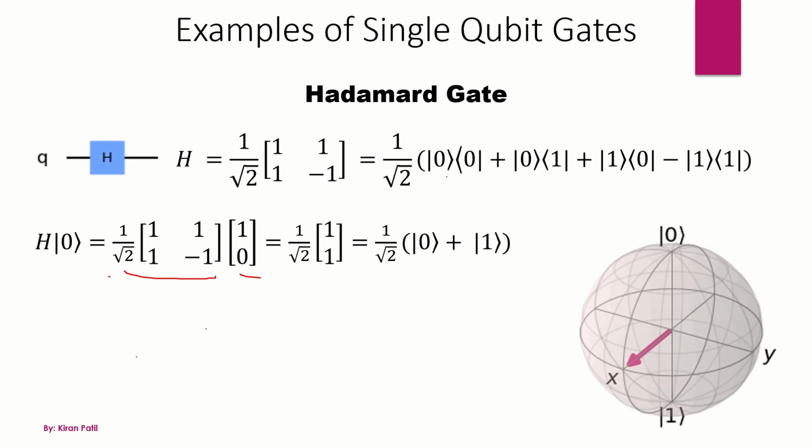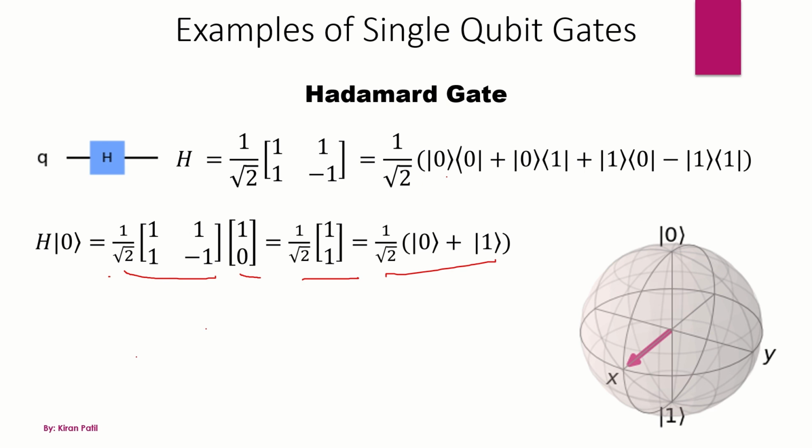So I'm getting the answer as 1 by root 2 column matrix of 1 1. In equation format, it can be written as 1 by root 2 (|0> plus |1>), right?